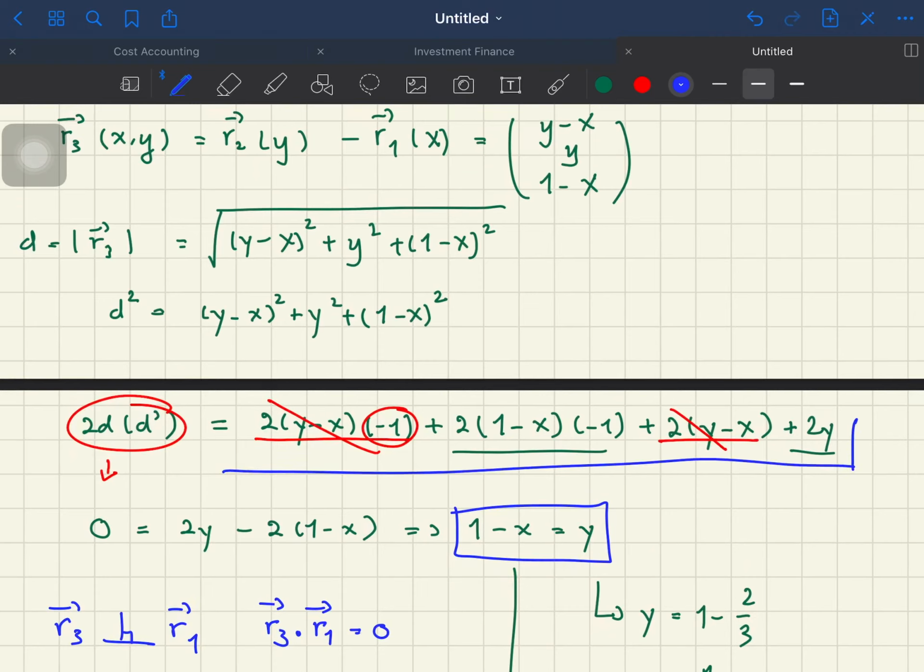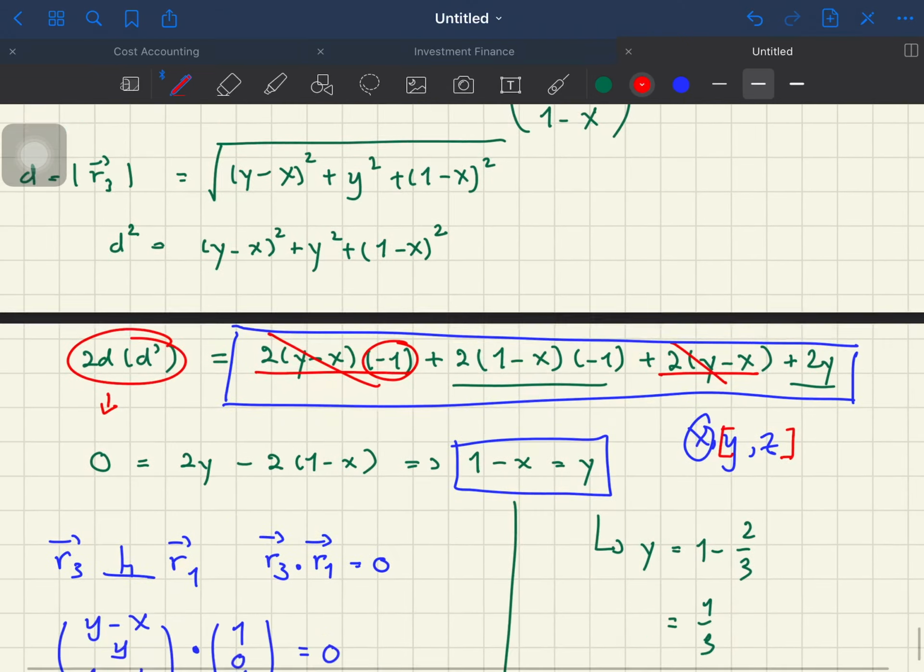When you differentiate, you have to treat only one of the variables as the variable, while the rest must be constants. If you have, for example, x, y, z, and you differentiate with respect to x, you must treat y and z as constants. And if you differentiate with respect to y, you must treat x and z as constants, obviously.